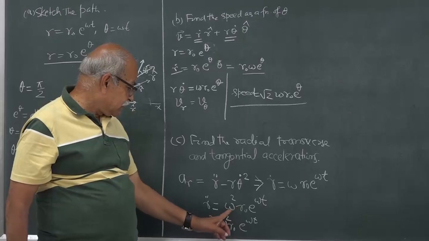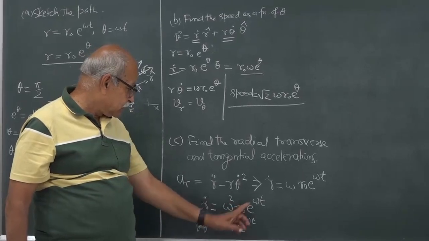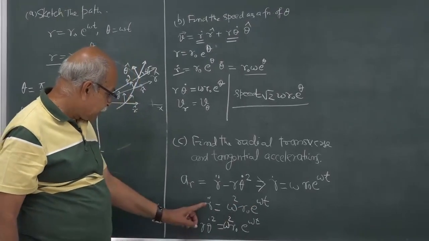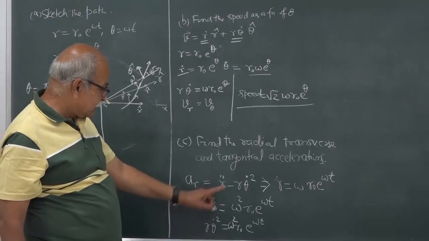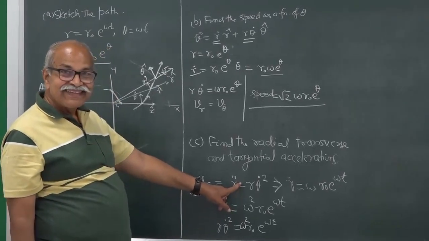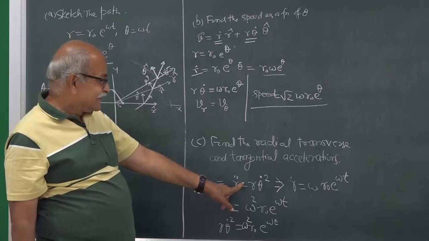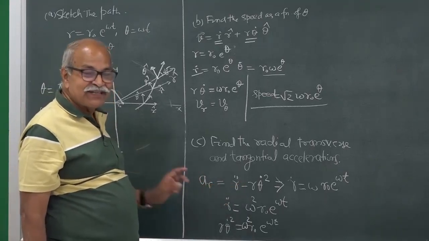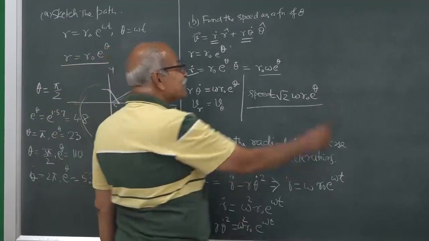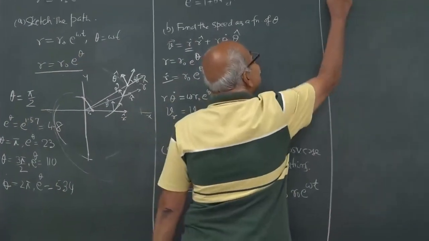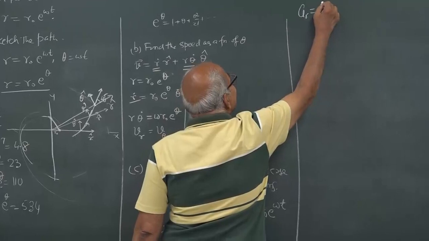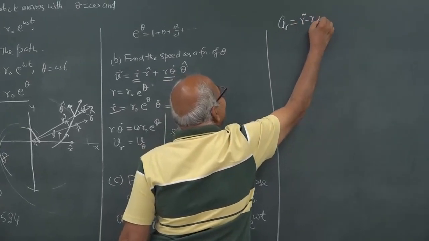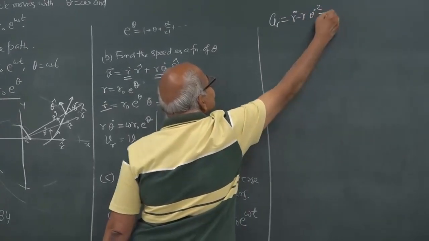Again you see omega square r naught e power omega t. So, what is this? This is 0. Interesting, the radial component of the acceleration is 0. So, AR is equal to r double dot minus r theta dot square is equal to 0.